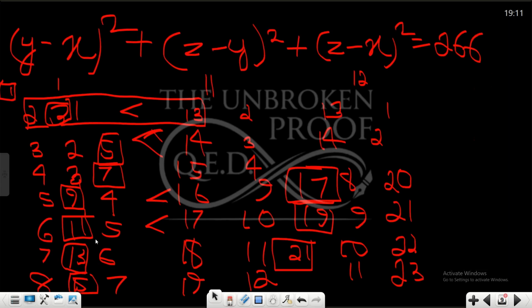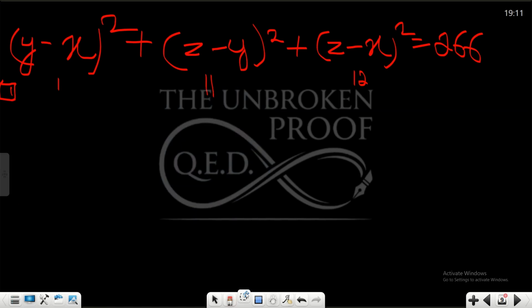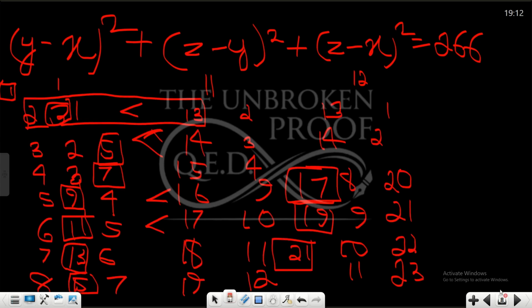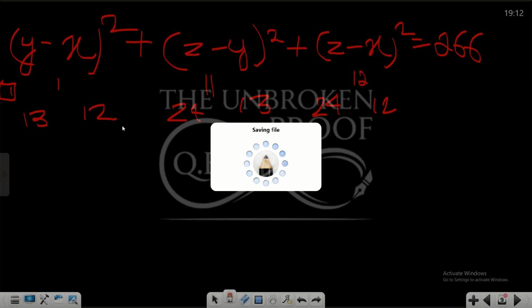If I copy this and clear up all these things, now if you take y as 13 and x as 12, then here you are going to get z as 24. From this triplet onwards you can consider it, because 13 plus 12 is 25, which is greater than 24. So clearly this is a possible triplet.